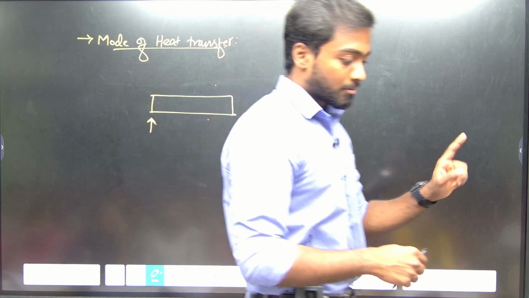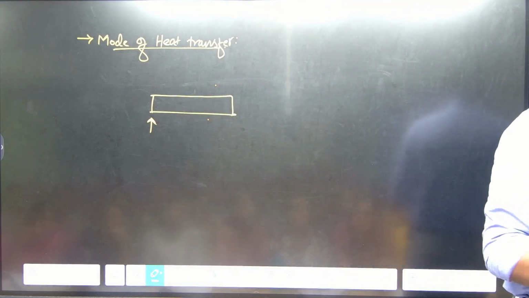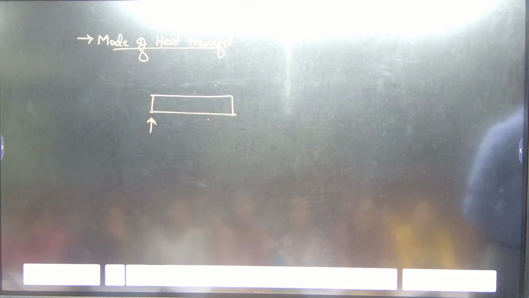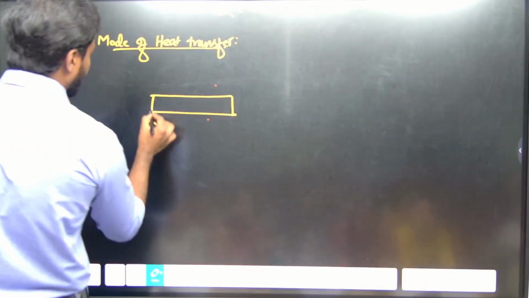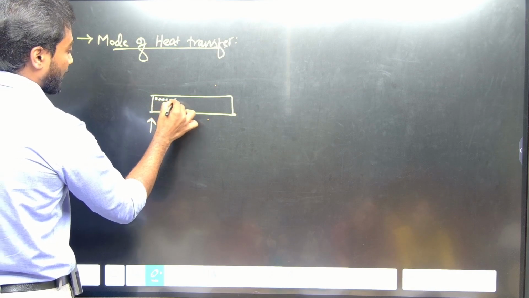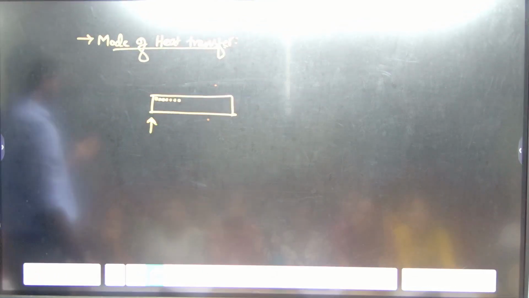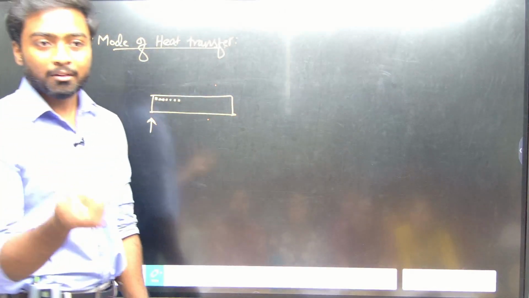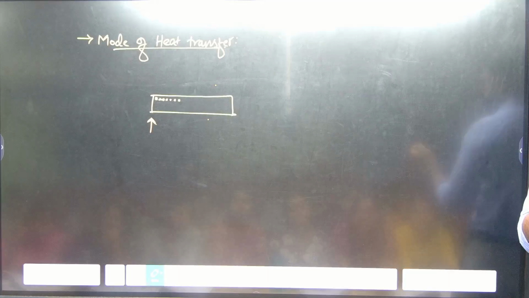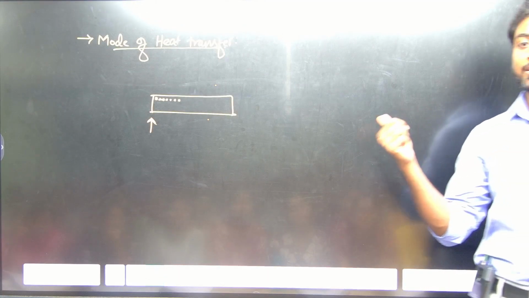Is it constantly it will transfer, or suddenly it will transfer? It will transfer constantly, right? Now, if I try to increase the temperature, the particles start vibrating. Vibrating in the sense, can I say the kinetic energy? So it's a motion of a particle, so kinetic energy will take place.